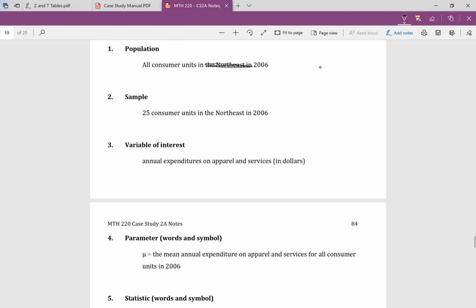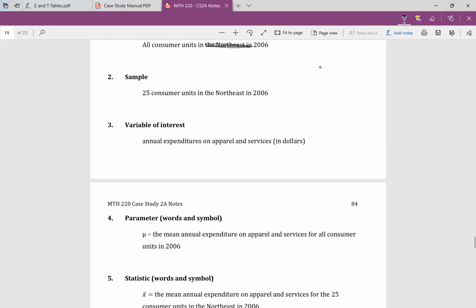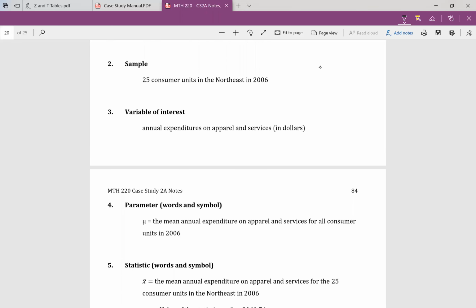Number 5, statistic. What's going to be the symbol for our statistic? Since we're talking about averages, yes, it's going to be X bar. And when I say my X bar in words, I want to incorporate the words from my sample and the words from my variable of interest. So X bar is going to be the mean expenditure on apparel and services for the 25 consumer units in the Northeast in 2006.